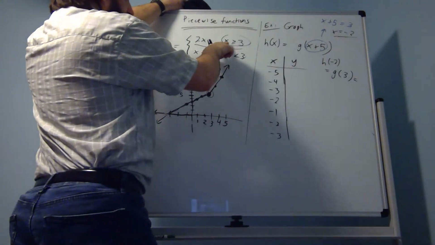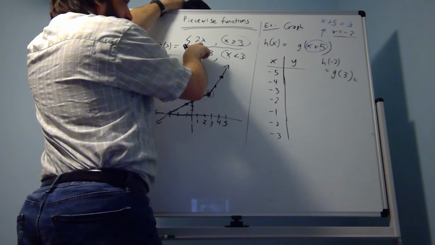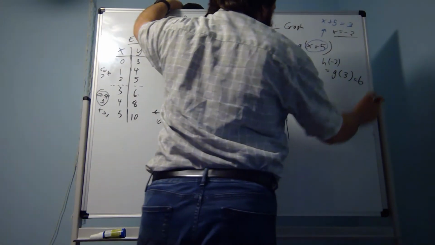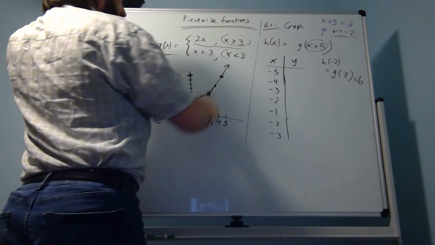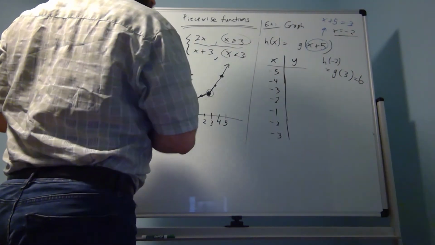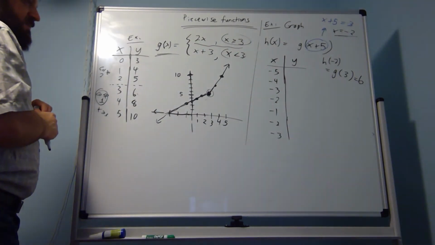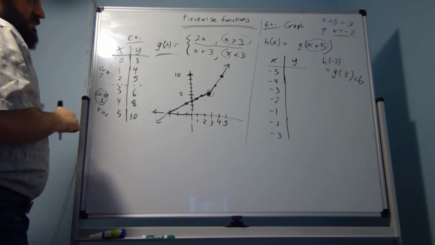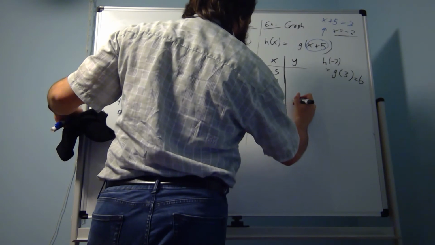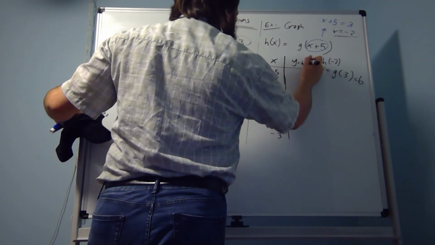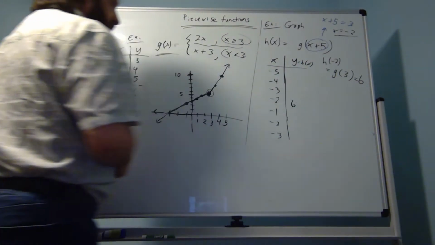G of 3 is this one, and you get 6. So this g is like a 2-part problem. We're referring back to what we just did, and we get this h of -2 on this new graph is 6.